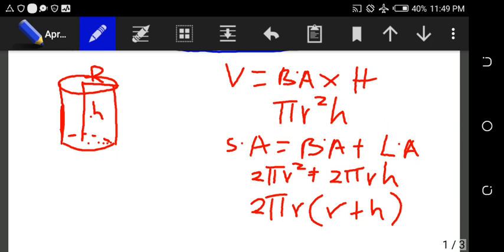Okay, let's look at the next shape. The next solid shape that we'll consider is the cone. So we want to look at the cone.